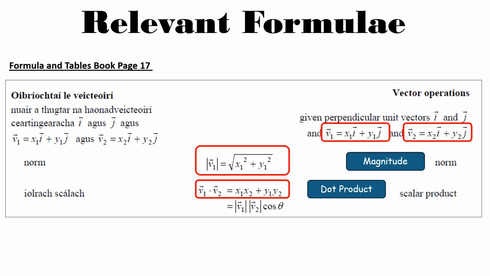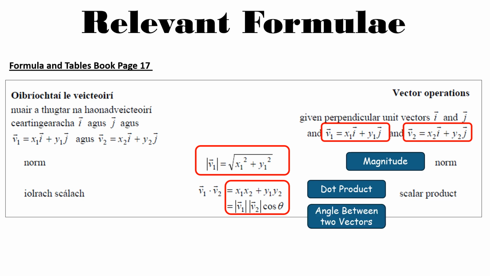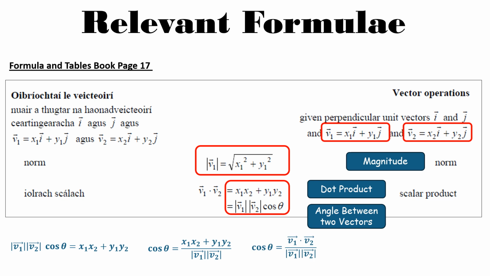And we're going to discuss the dot product in a little bit more detail. As well as having the dot product there, we can also see that we have the formula which helps us get the angle between two vectors, and it's this piece here. So if we combine those two together, we can get an angle between two vectors. So this is what it looks like. However, that right hand side is the dot product, so we could rewrite that as our v1, v2 dot product piece since they are equal.